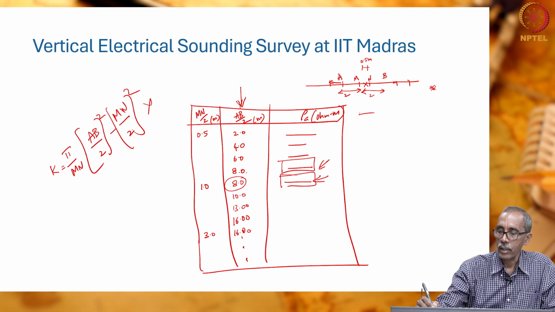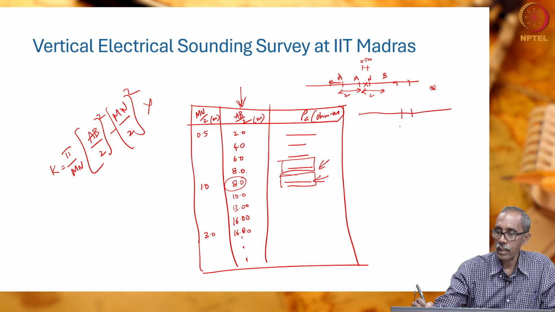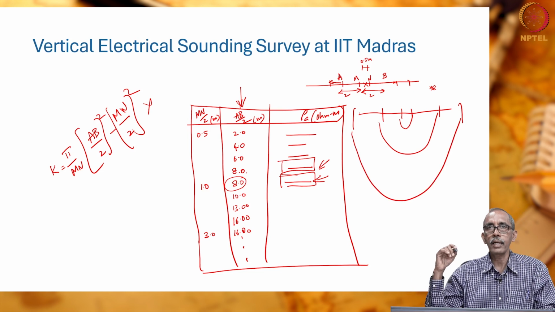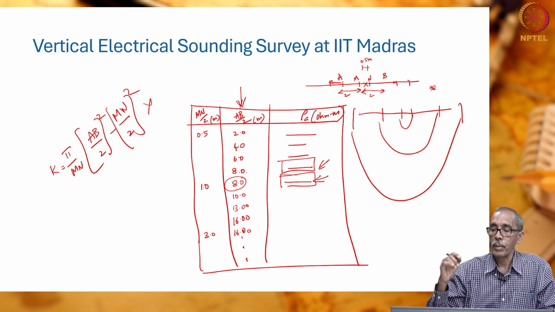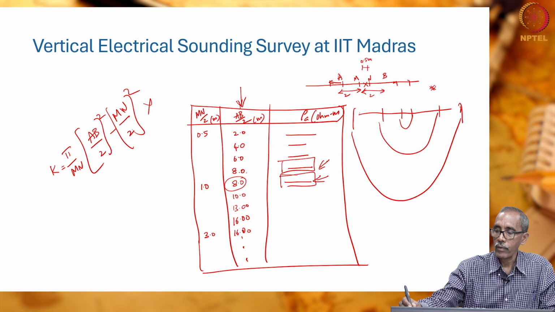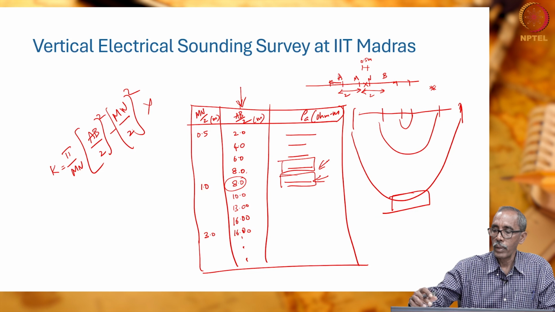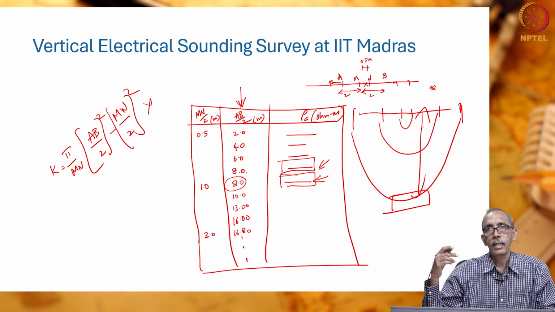When the electrode spacing was closer, current was passing only up to this. When electrode spacing was here, it went up to this. When electrode spacing is increased, it goes to a greater depth. But remember, we do not imagine that we are measuring the apparent resistivity of just this zone. We are measuring the combined resistivity of the entire zone. That should be kept in mind.